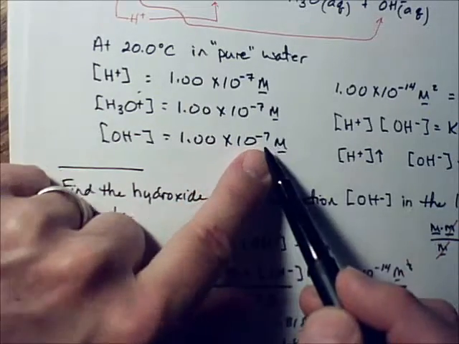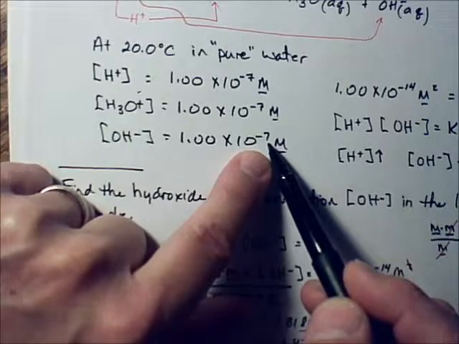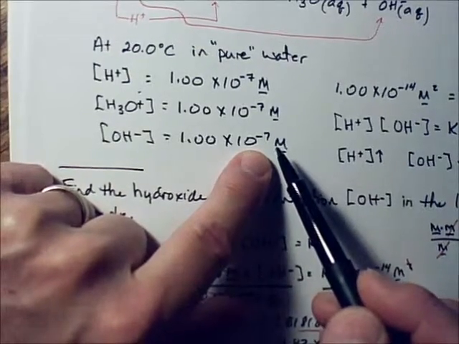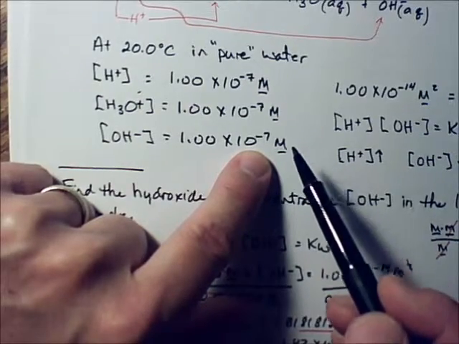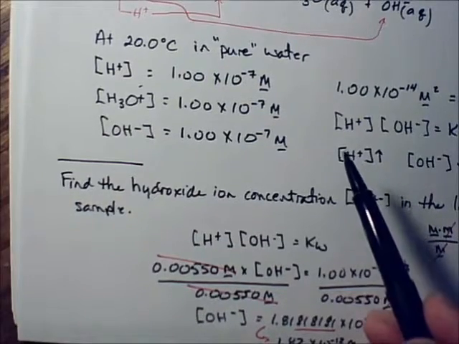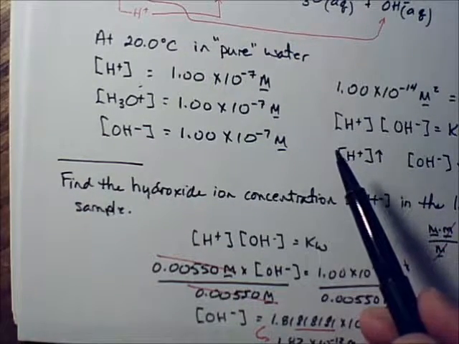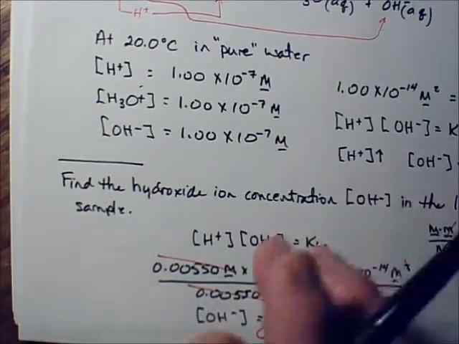And 7 is the pH. What's the pOH of this solution? 7. If I add pH and pOH together, what do I get? 14. What's the maximum pH you can get? 14. Okay.